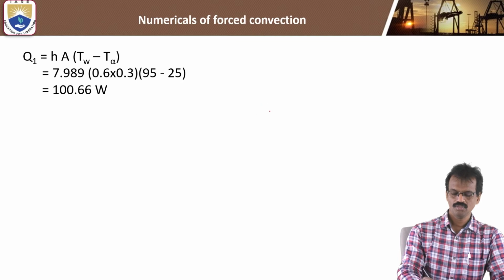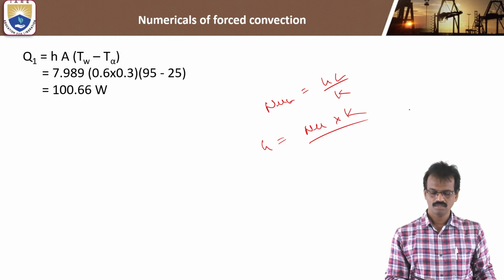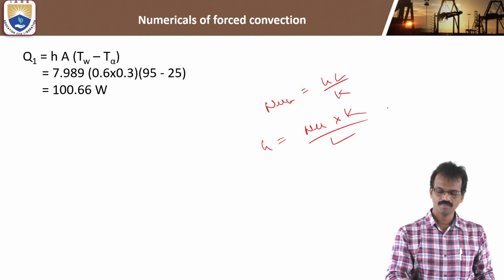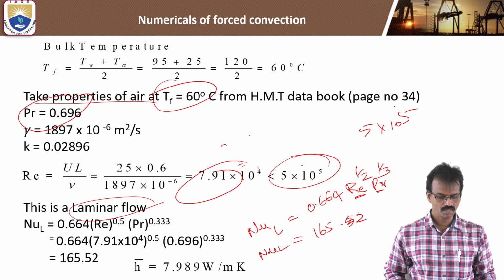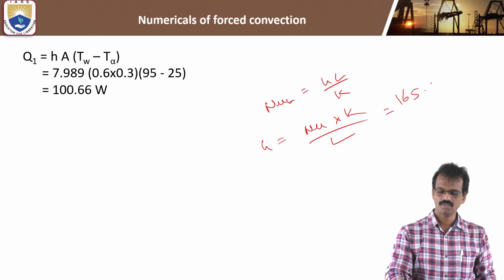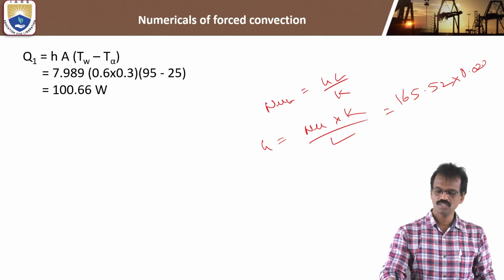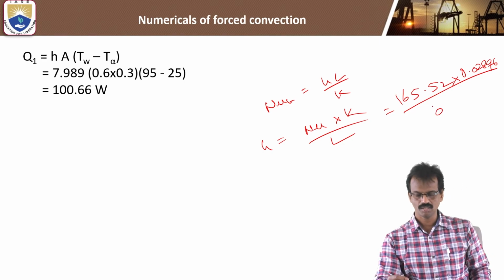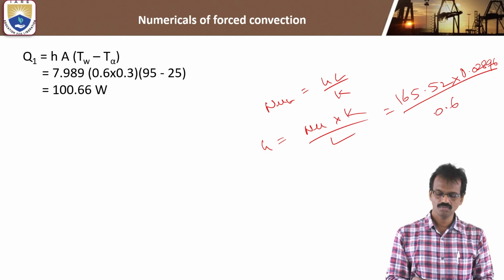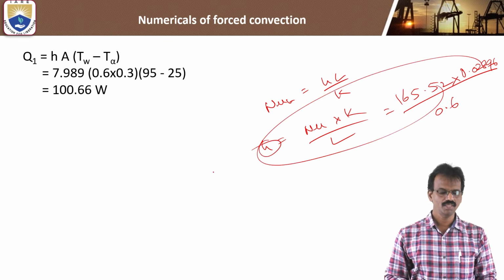Nusselt L is equal to HL by K, so H is equal to Nusselt into thermal conductivity of the fluid, air, by L. The Nusselt value is 165.52, into thermal conductivity 0.02896, divided by the full length, 600 mm, so 0.6 meters. Using this formula, you can find the H value.